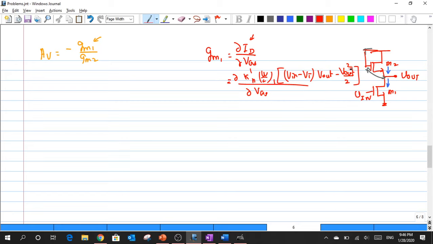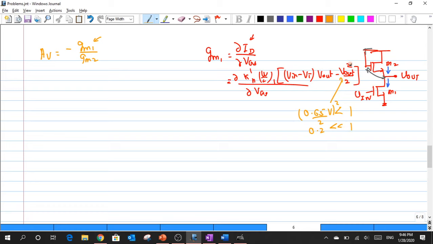Now the whole point is that the value of V out that I currently have is 0.65 volt, which is less than 1. When I take a square of this and then divide by 2, this value would be somewhere closer to 0.2 or so, which is far less than 1.